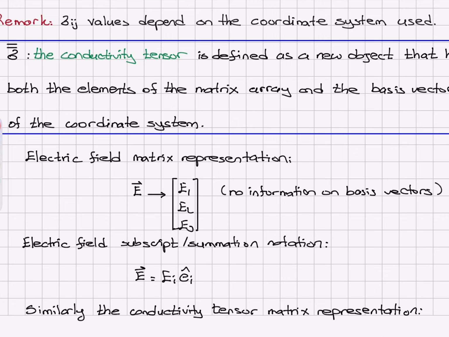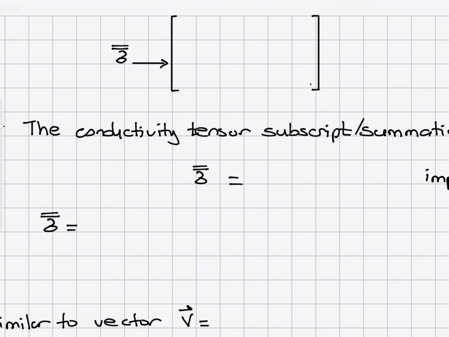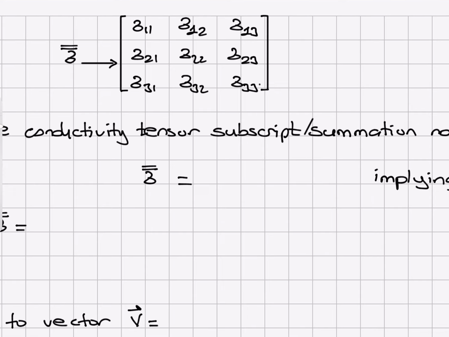Similarly, we can do the same thing for the conductivity tensor matrix representation. The matrix representation of the conductivity tensor is sigma 1 1, sigma 1 2, sigma 1 3, sigma 2 1, sigma 2 2, sigma 2 3, sigma 3 1, sigma 3 2, sigma 3 3. But if I write it in subscript summation notation, this is sigma ij ei hat ej hat. And what does that imply?